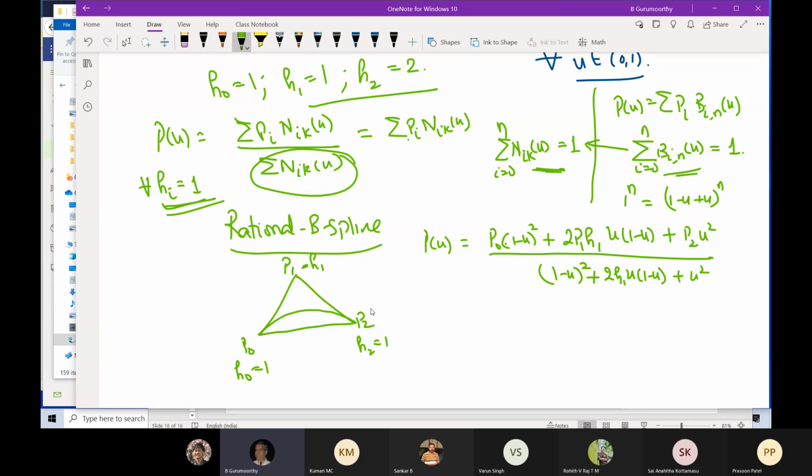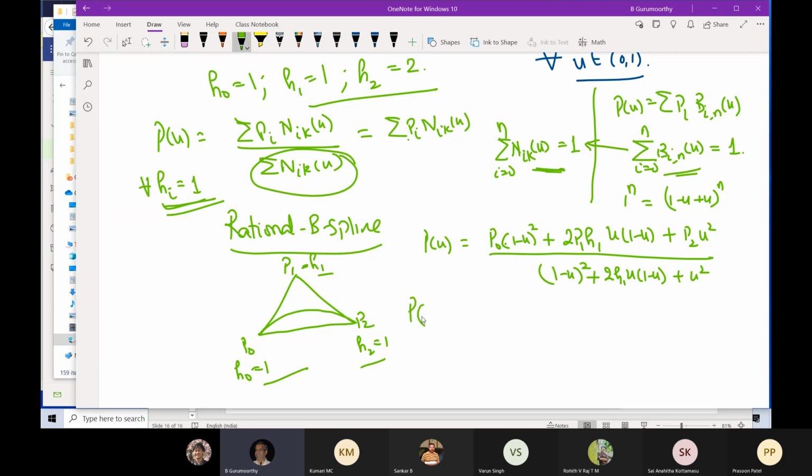Okay, this is the case for this particular weight vector, 1, h1, 1. Just algebra. You don't have to worry about it. Just see the outcome of this. That's the more important thing for you to keep in mind.